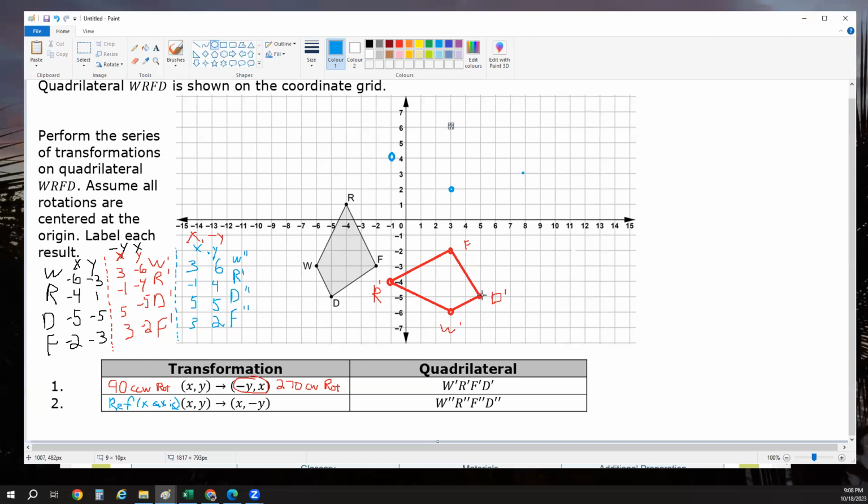This one's going to stay on 5, but go all the way from -5 to +5. Double check that. Yep. 5, 5. Okay, that looks like it's correct. All right, let me name these now. This is R double prime.